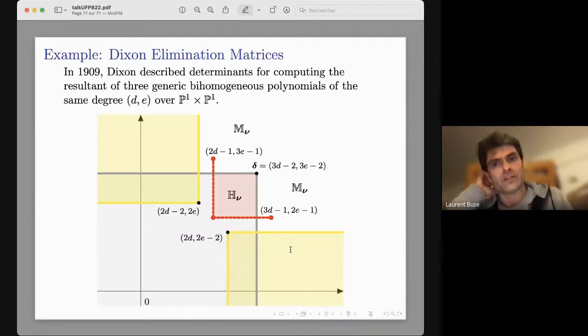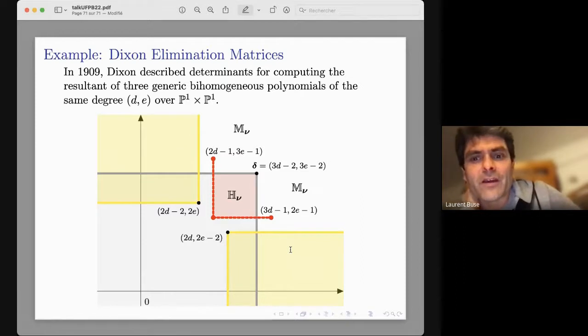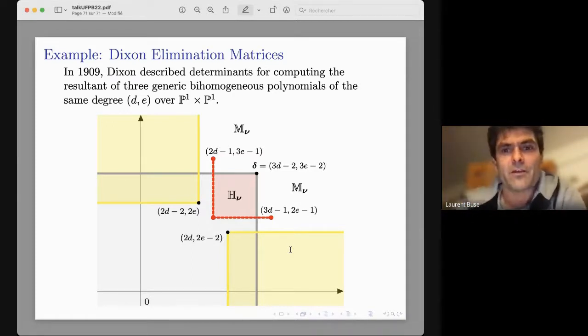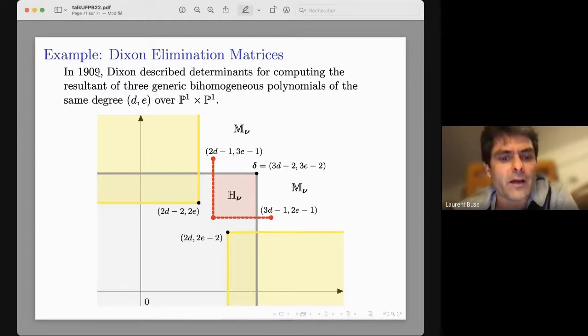So to conclude, this is my last slide. I would like to discuss one of the motivations we had at the beginning with Mark and David, that was to understand the Dixon elimination matrices. These matrices were given by Dixon in 1909 without any proof, just a claim that it works, and they are very nice matrices. They are elimination matrices in the following setting.